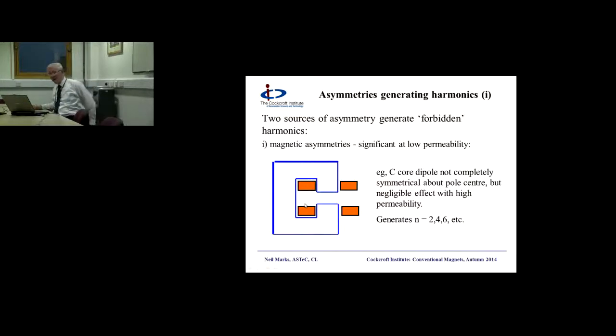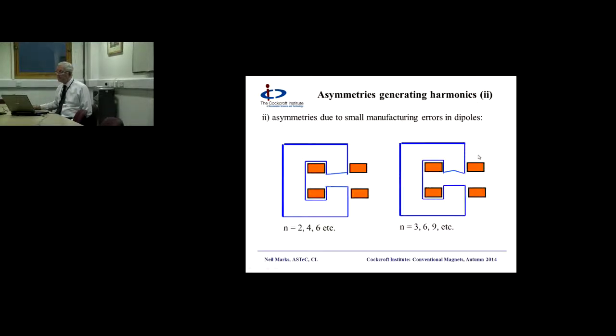And you can see immediately how the quadrupole could be generated, where the flux going around on the inside has got a shorter path compared to the flux going around on the outside. Providing the relative permeability is high, that'll make little or no difference to the flux density down here. But if the permeability drops, then there's going to be a weaker field here to here, and that's going to introduce a quadrupole field. And so even our C-core dipole is not completely symmetrical.